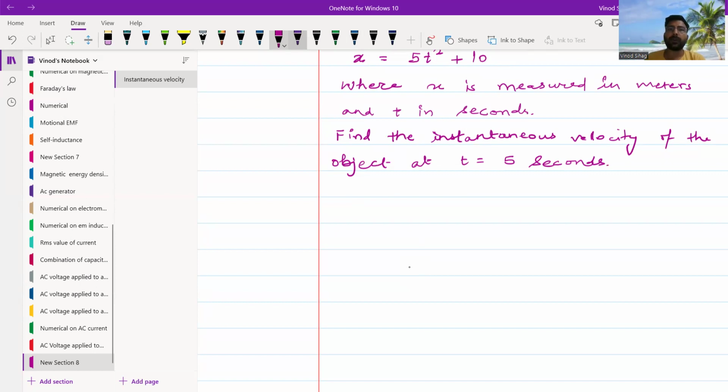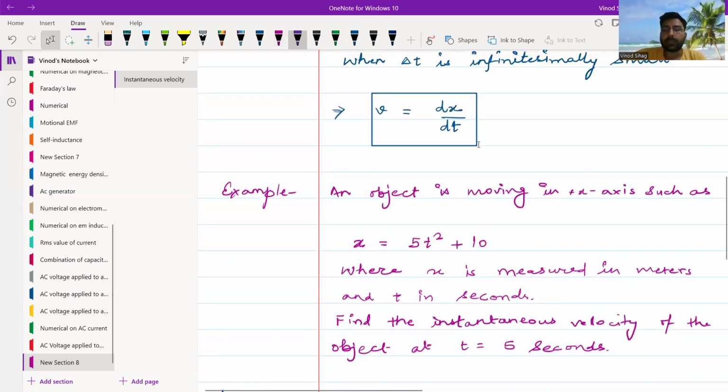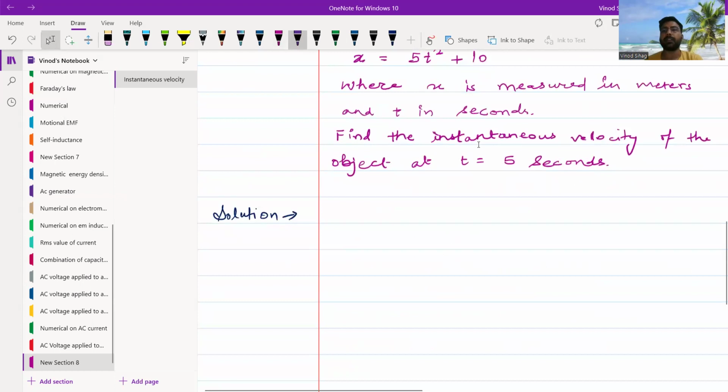Now let's try to find out its instantaneous velocity. How to find out that, we all know. Just now we have derived the equation of instantaneous velocity. When the position of the object is given as a function of time, then we can directly differentiate it.